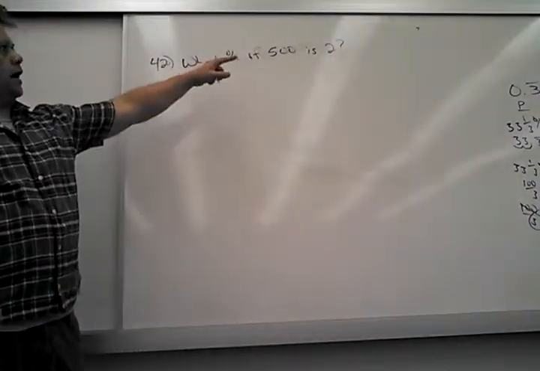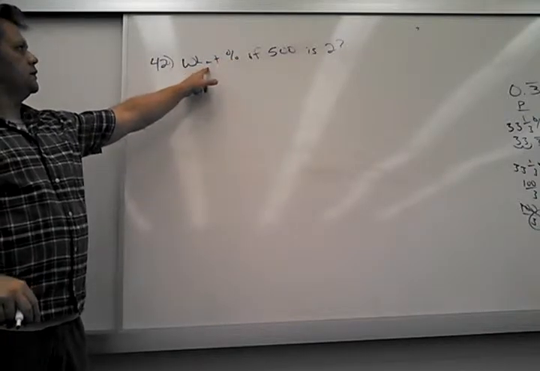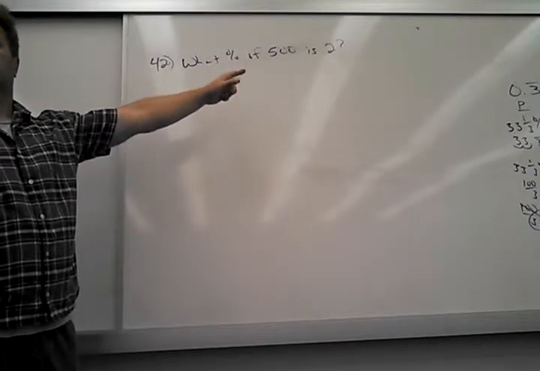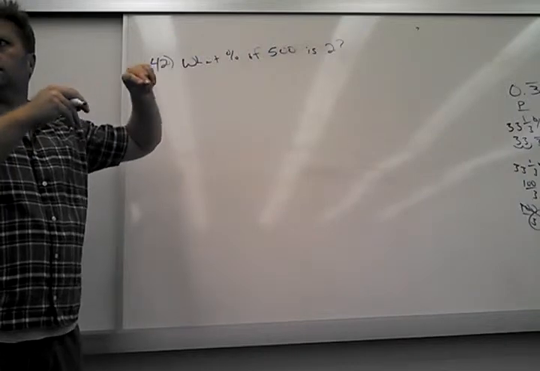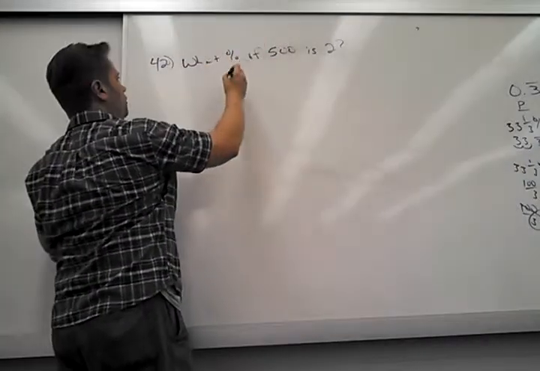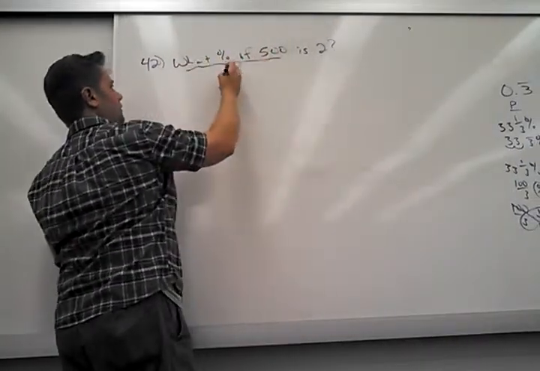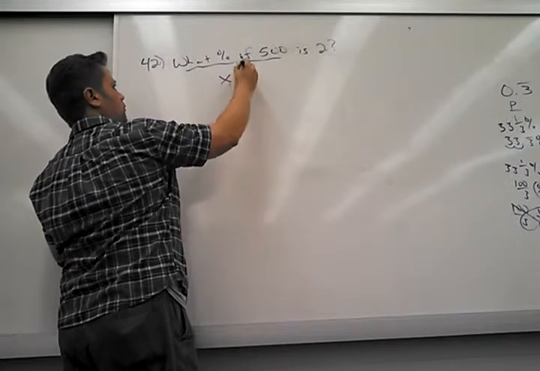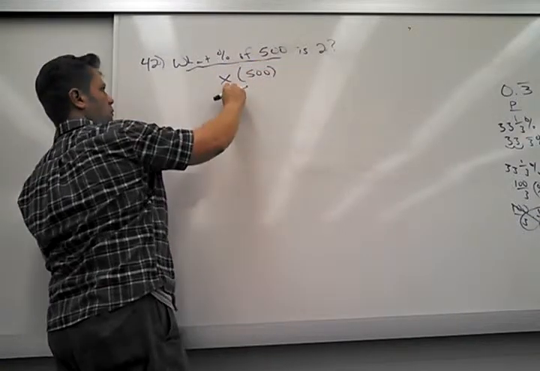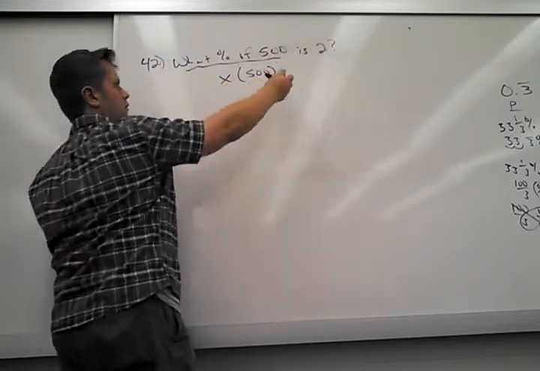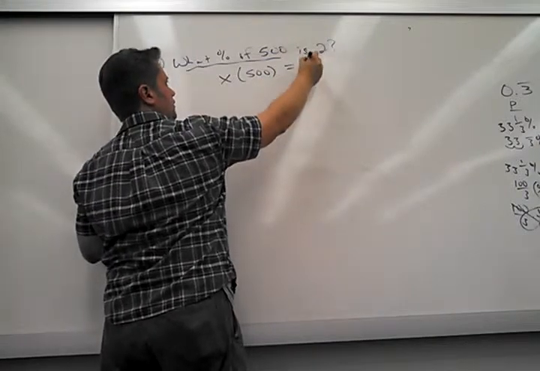Okay, so how do I set this up? What percent of 500? How do I write that? X over 100? You could. Well, that's what I did, X over 100. So we'll do it the more general way. What percent of 500 is 2?